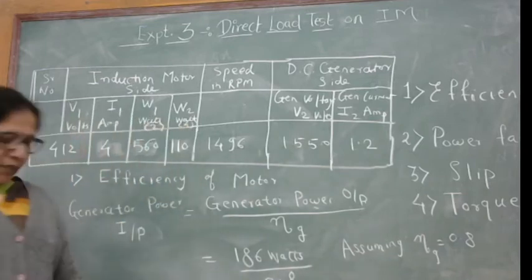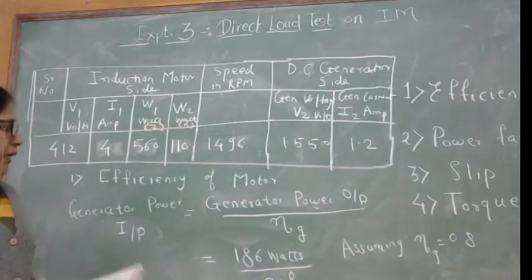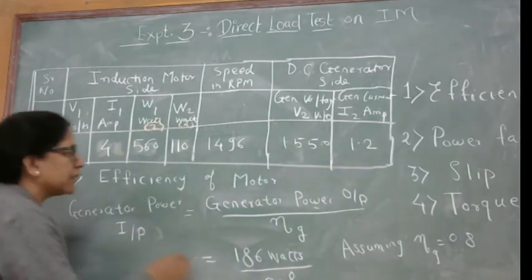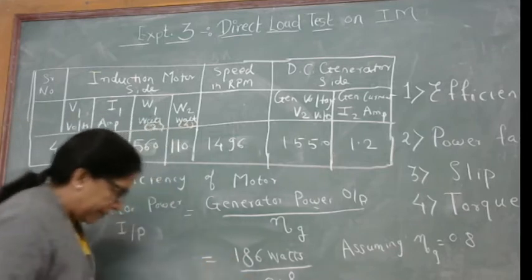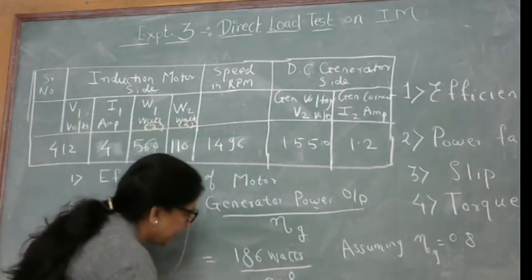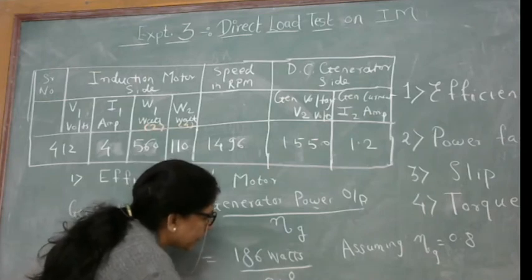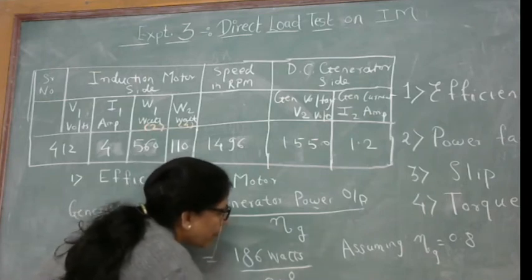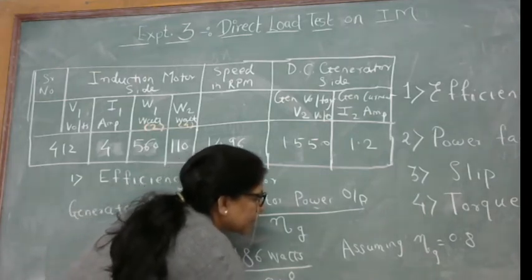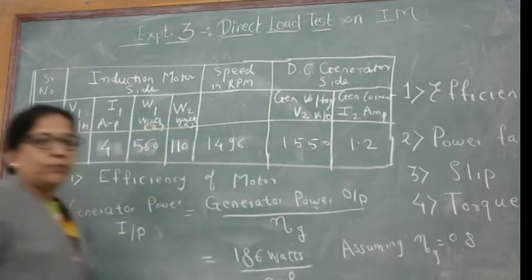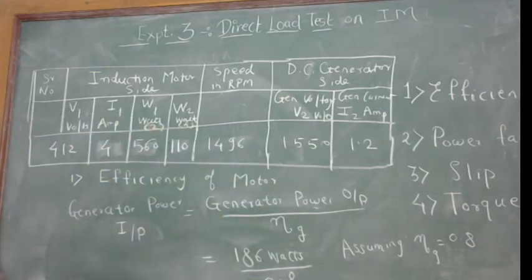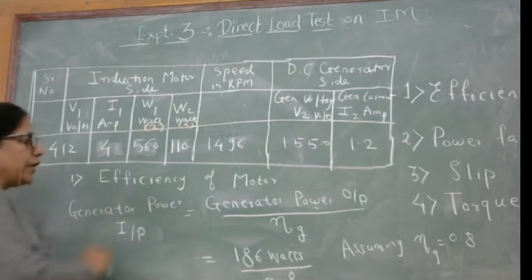So with this efficiency, the generator input can be calculated as 186 divided by 0.8, and it is equal to 232.5 watts. So this is the generator power input.